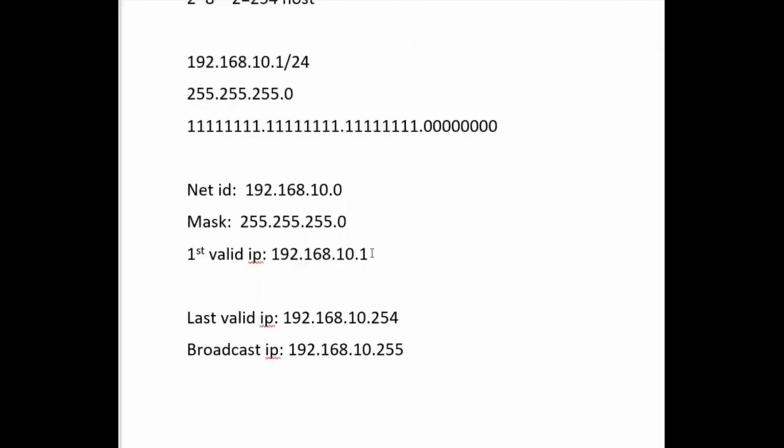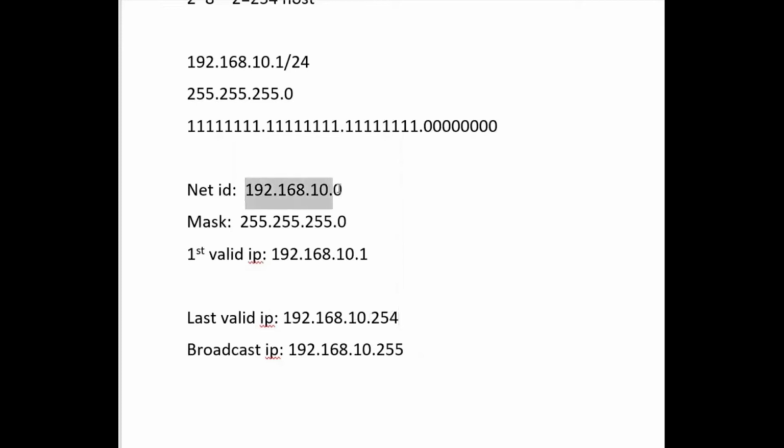Now the problem is, if we have 254 people in our company and we assign IP addresses from the same network, what will happen? Right now we have one-to-one communication. If we have another 10 people and everybody communicates, what will happen? It will be chaos, or not so nice. So what we do is break down the network.